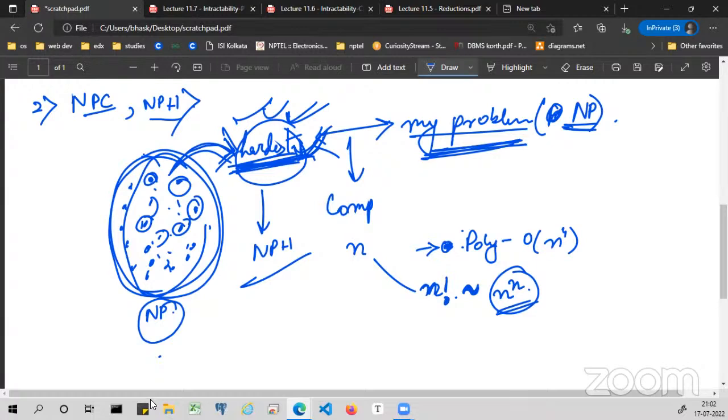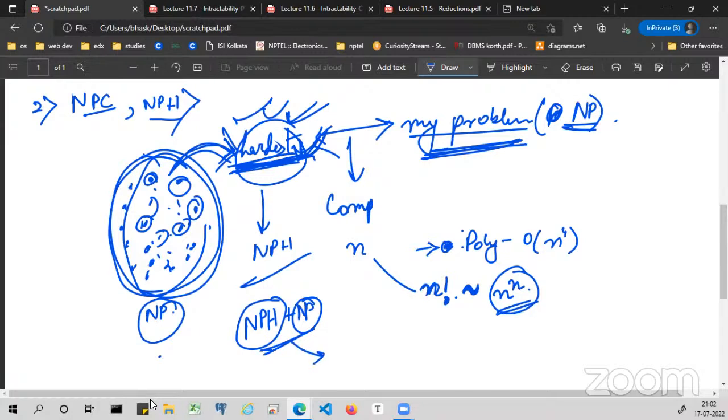Okay. Now, what is NP-complete? NP-complete is NP-hard plus NP. Now, what is NP? NP's definition is only one thing, which is verifiable in polynomial time. Right? NP-hard means problems which are harder than any other problem in NP. Correct? So when I say NP-complete is NP plus NP-hard, what does that mean?